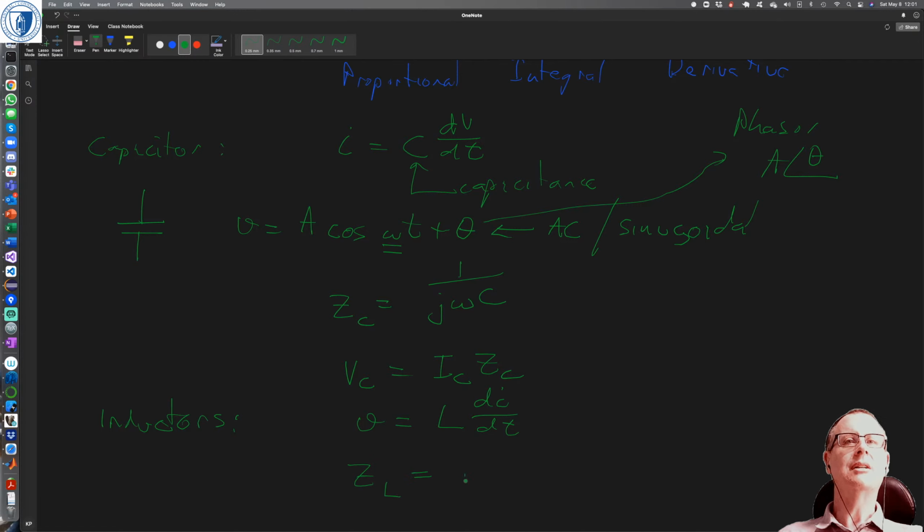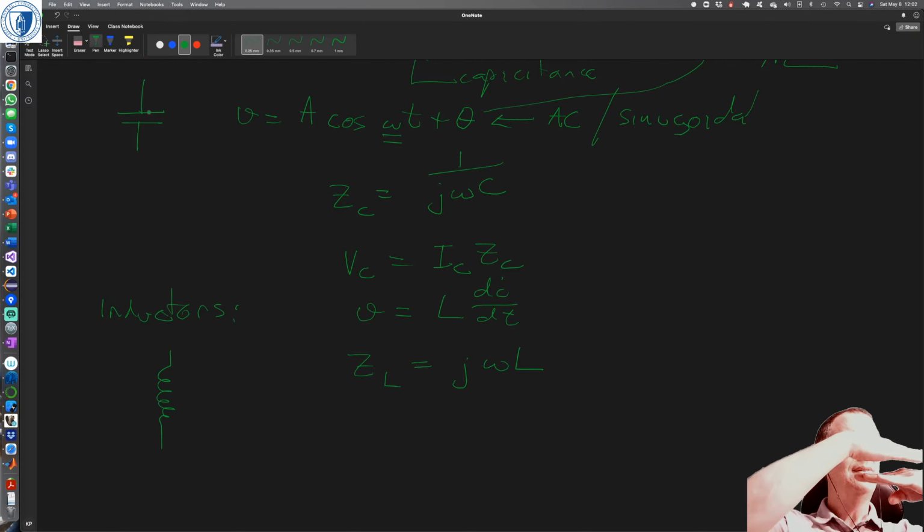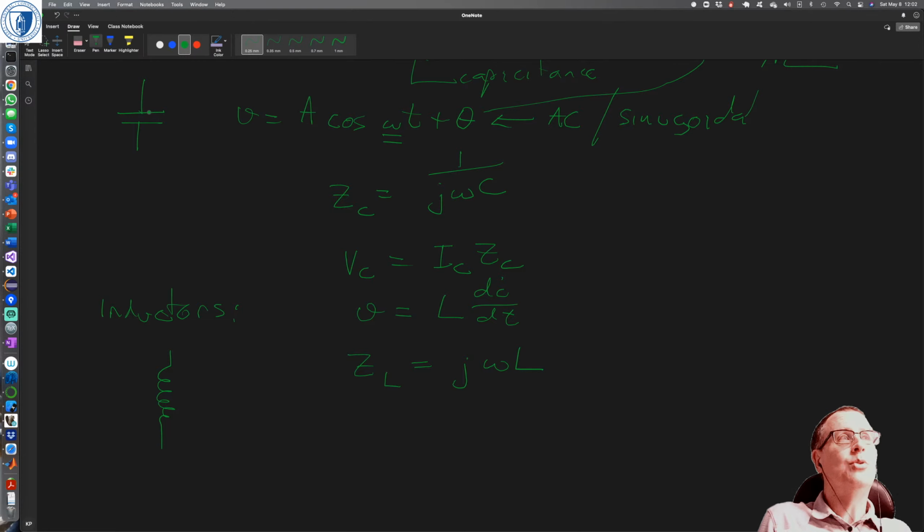And for an inductor, our complex impedance is j omega L. The inductor symbol is a coil of wire, because that's all they usually are. The capacitor symbol is two plates close together, and depending on the type of capacitor, that is all they are, but the physical construction might look a little different.